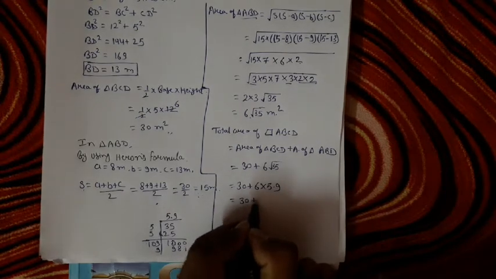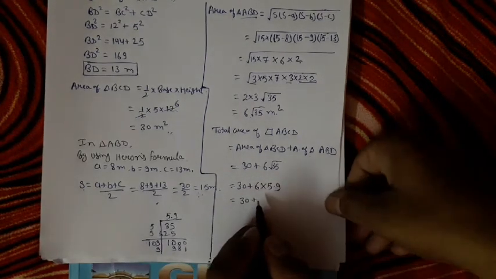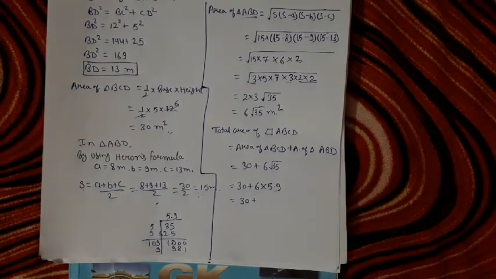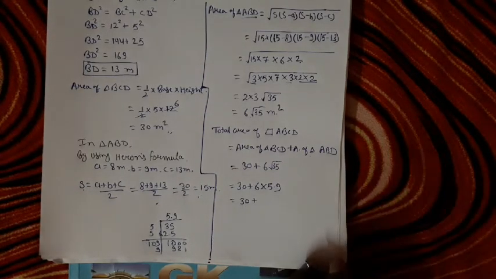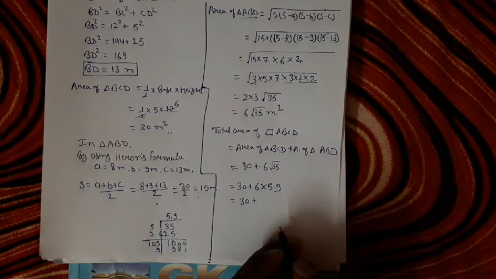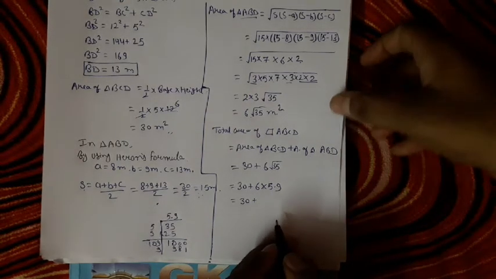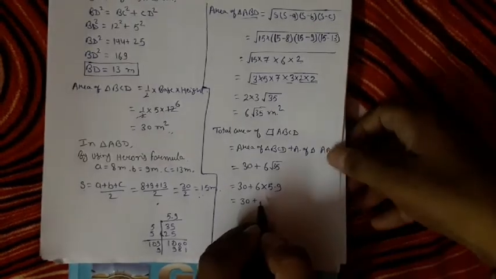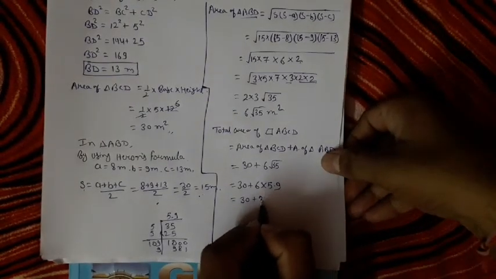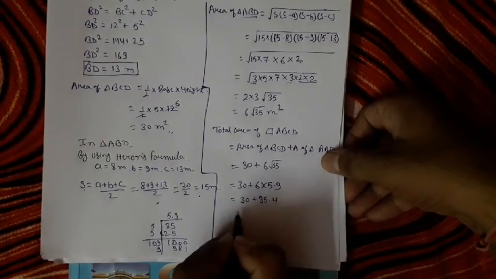So 30 plus 6 into 5.9, it becomes, 6 9s are 54, and so it would be approx 35.4.